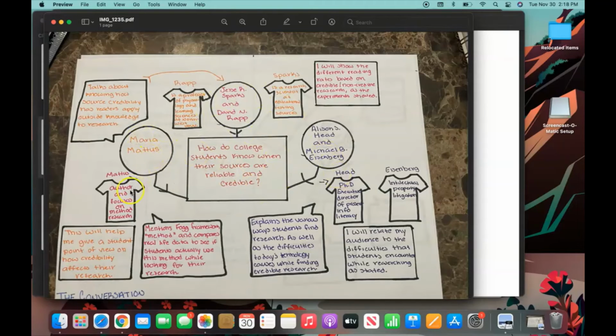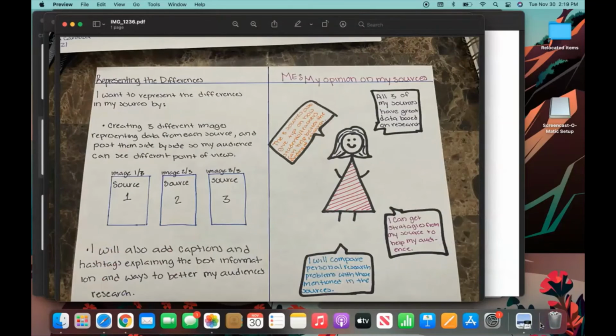For each author, I wrote down what or who they are and what each source is talking about. And seeing it all together on one paper visually helped me realize what it was that I was missing, what it was that they were talking about, or what they were missing. And here is the second part, representing the differences and how I was going to make my post and my opinion on all of this.